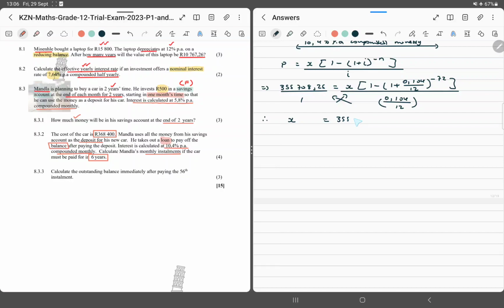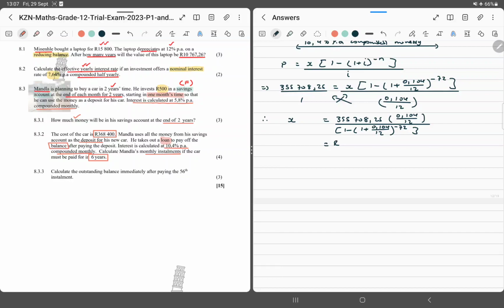This is 355,708.25, now we're multiplying this by 0.104 over 12. All of that we're going to divide by the big bracket: 1 minus (1 plus 0.104 over 12), all to the exponent minus 72, and we close. And that gives us the monthly payments.